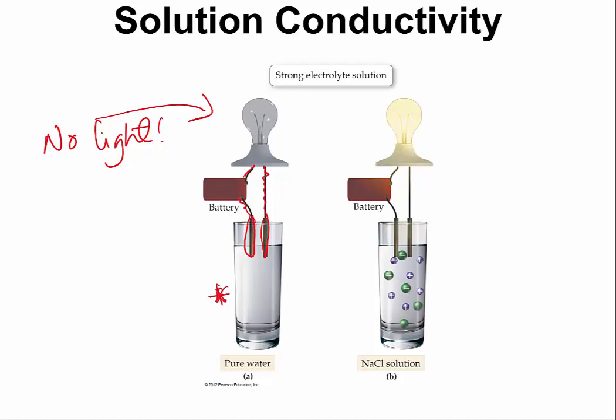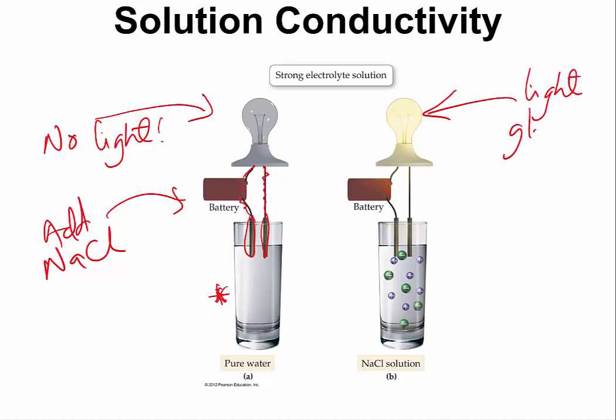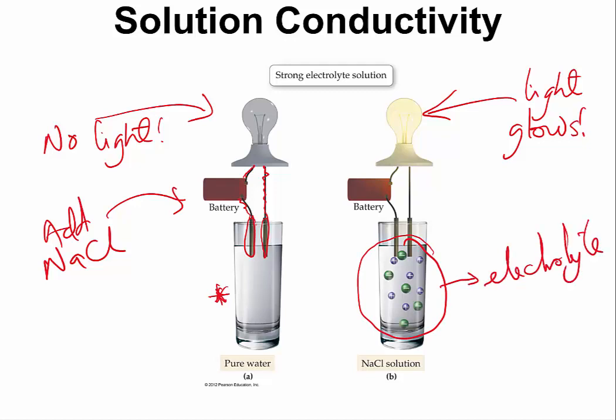If you now add some table salt into the pure water, add some sodium chloride, you will see that the lights will glow, because the solution is now an electrolyte solution, which means it is capable of conducting electricity.